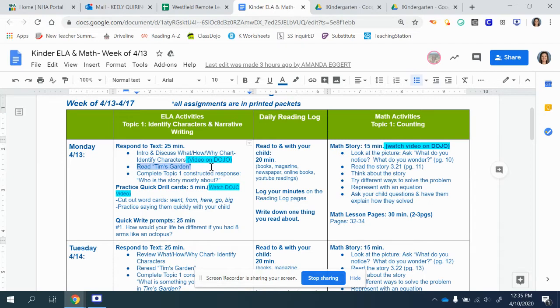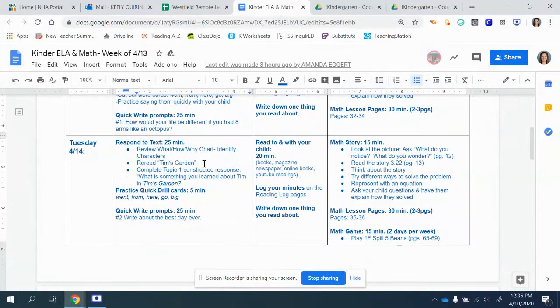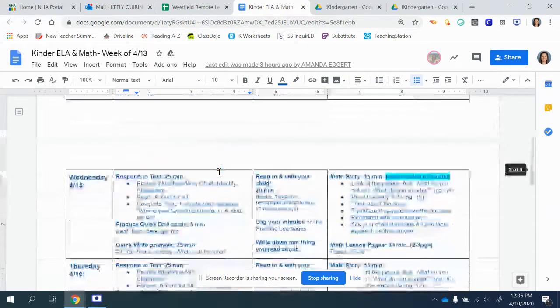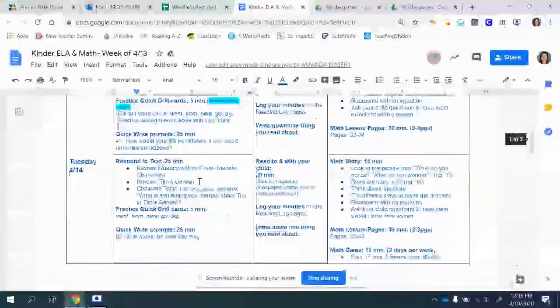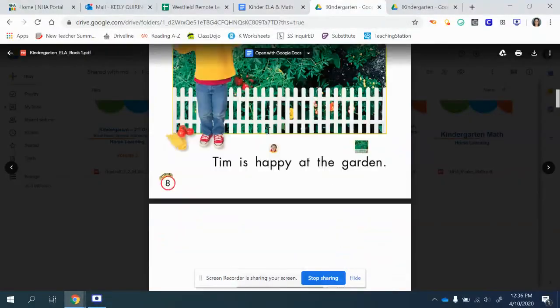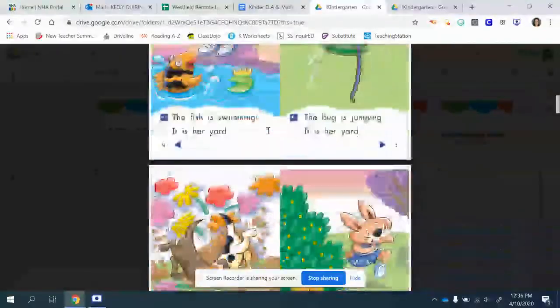I'm not reading the other book yet. Even when I scroll down, I go to Tuesday, I'm rereading Tim's Garden. Now, if I go to Wednesday, I see that I'm reading A Yard for All. So it kind of groups the books together, but I'm just focusing on Tim's Garden. And so I can go right past this story for now.